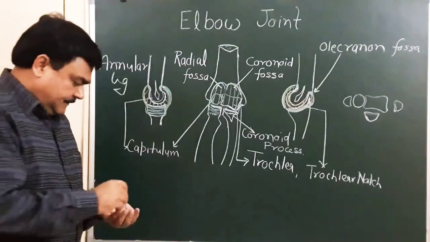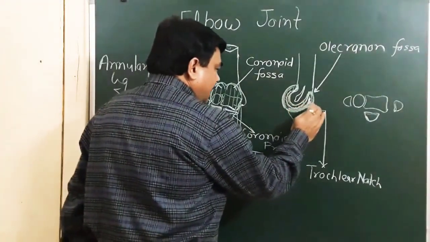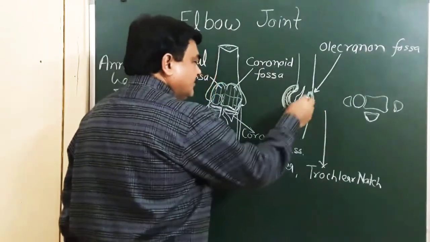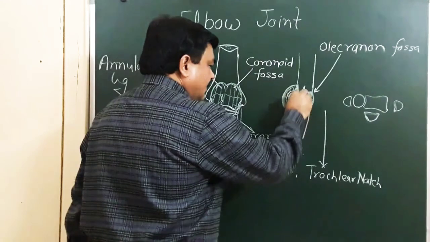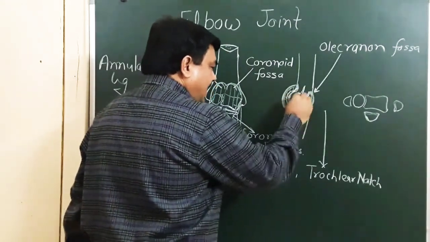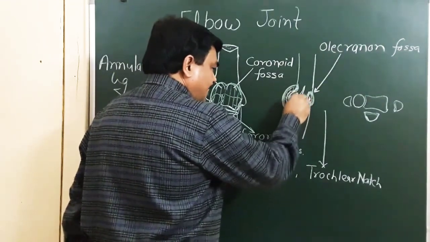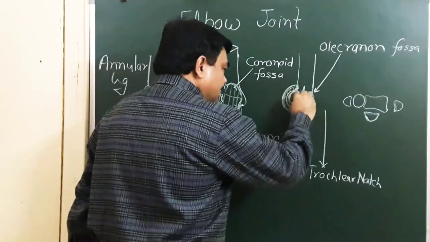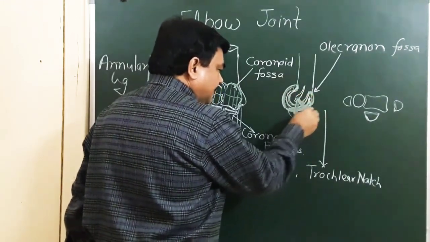This joint is medially reinforced by a ligament. This is the medial epicondyle, this is the coronoid process from here to here, and this is the olecranon process from here to here, and this is the oblique band.